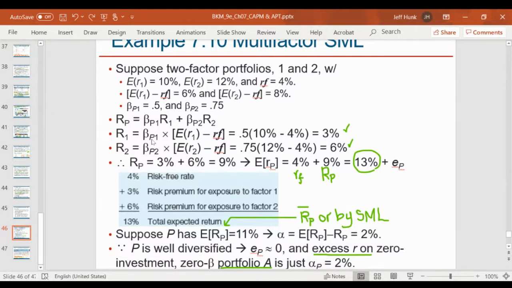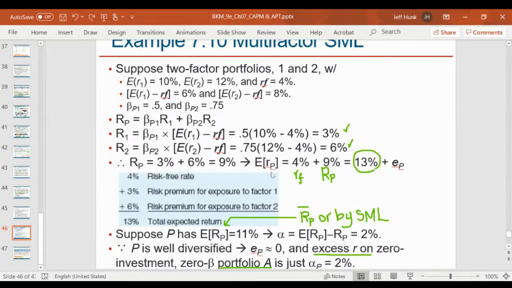So in our model, let's take a look at this again. The portfolio risk premium will have to be the first factor premium, which is 3%, and the second factor risk premium, which is 6%. So it should be 9%.